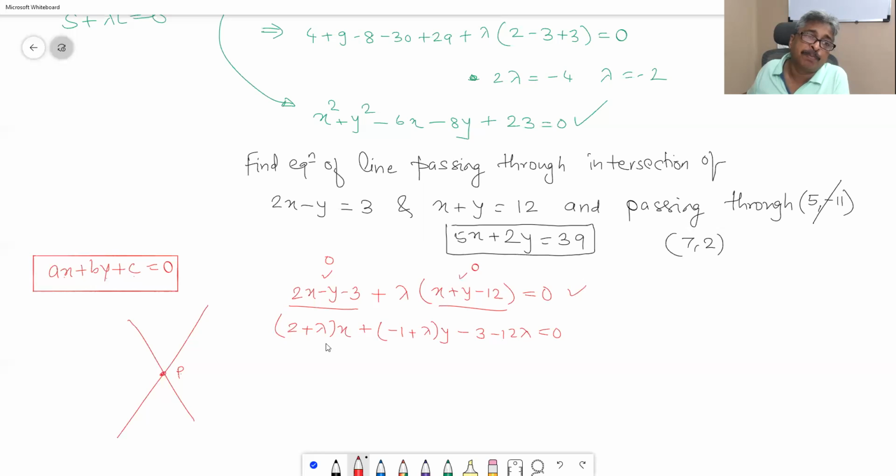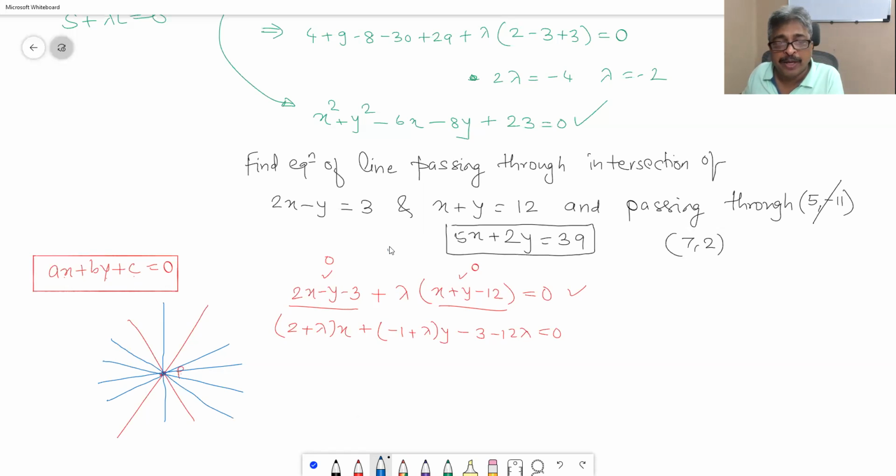Therefore, it is the equation of a family of straight lines passing through P, all possible straight lines passing through P. How many straight lines can I draw? Infinitely many. How many values of lambda can I put? Infinitely many. It is a 1-1 correspondence. If I put lambda equal to 0, I get the original line back.